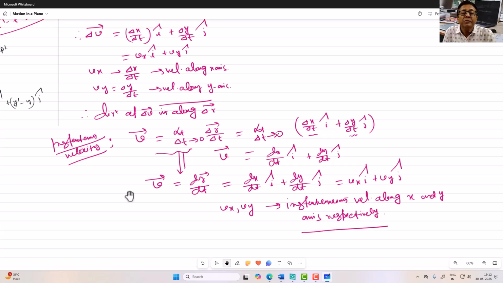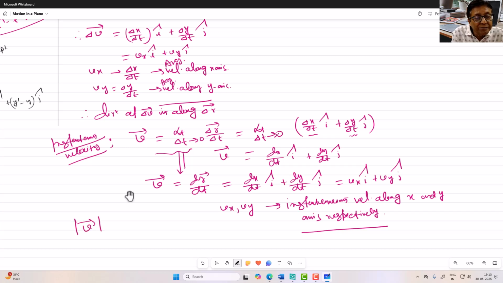Okay, so this is instantaneous velocity. Here it was average velocity: this is average velocity, delta x by delta t, and this is also average velocity. But here this will represent instantaneous velocity along the x-axis and y-axis.